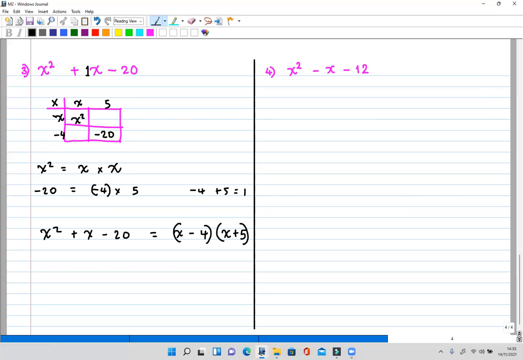Let's now talk about the last example. So we have x squared minus x minus 12. So let us create the table.